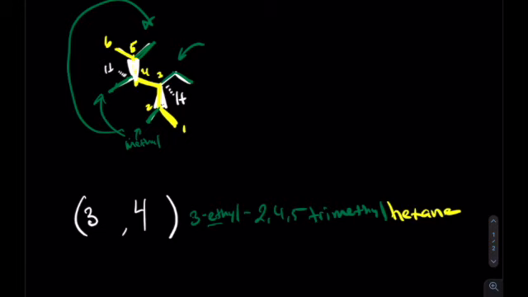So what I'm going to do actually is I'm going to redraw carbon 3. All right, and carbon 3 has a carbon coming off of here and then 2 methyl groups. All right, and it has an ethyl group coming off of it, and then it's got something that looks like that. All right, now we've got to number them.